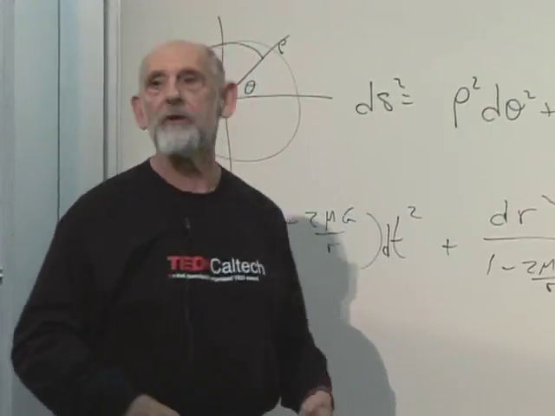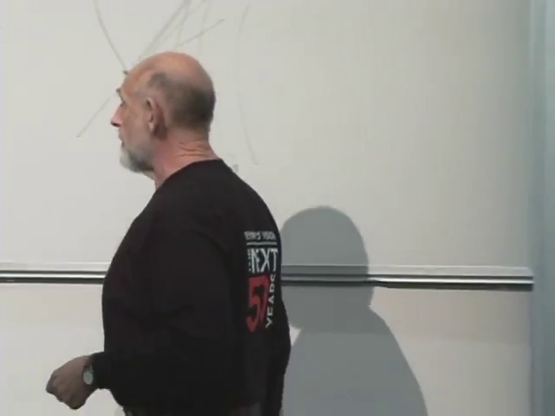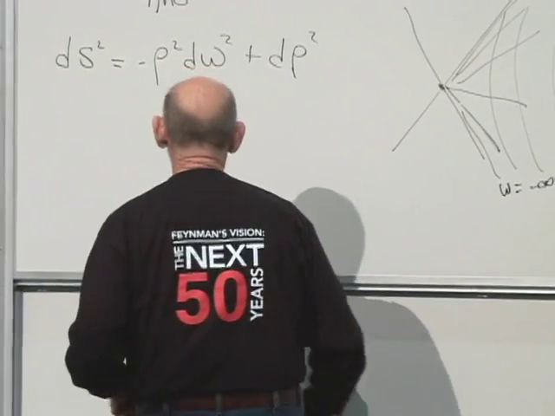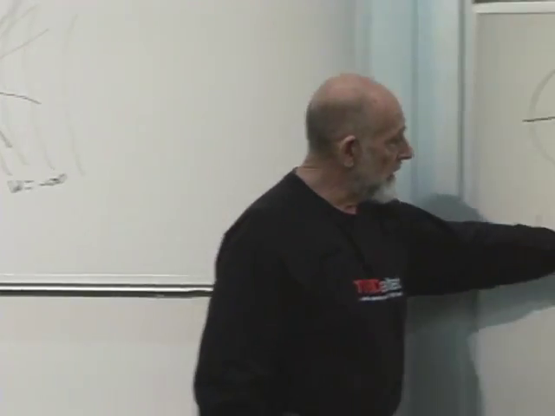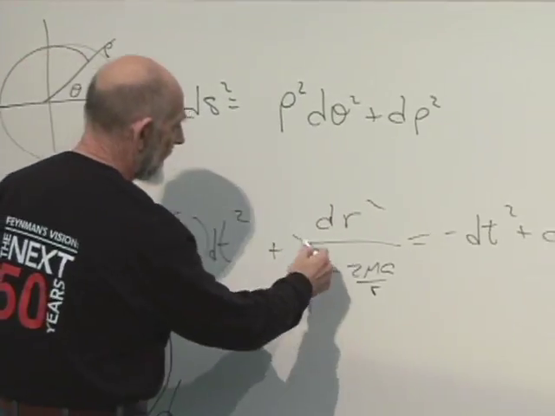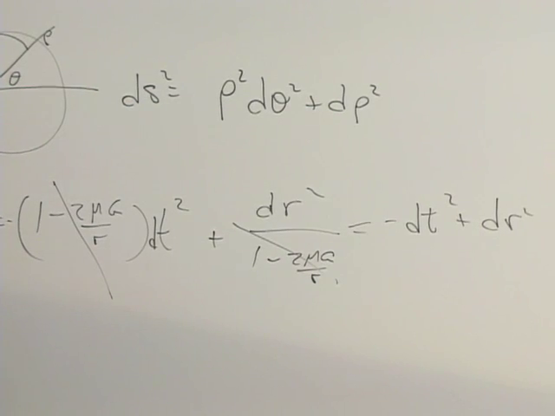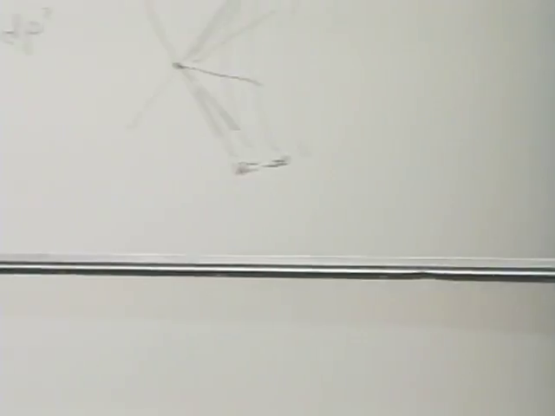Distance from the horizon is basically the same as it would be in flat space. This factor here is not interesting. It goes to 1. This factor down here also goes to 1, and we just get minus dt squared plus dr squared.